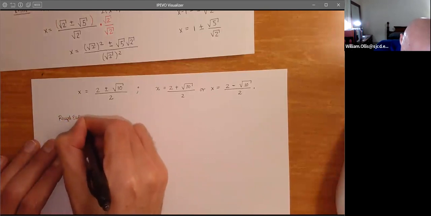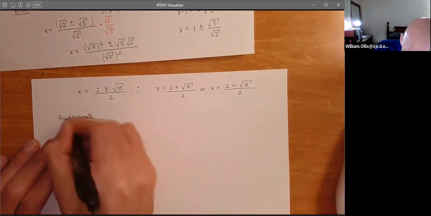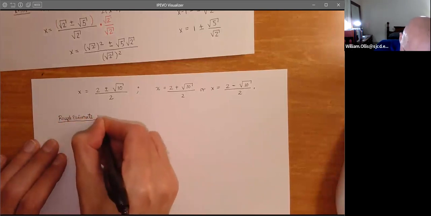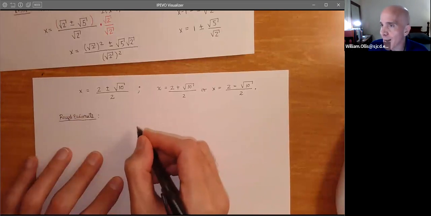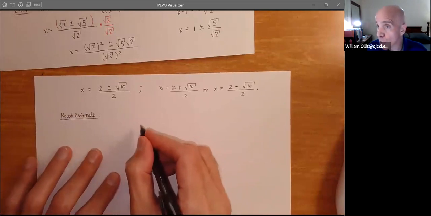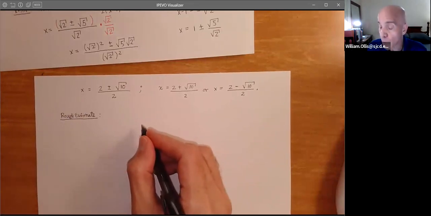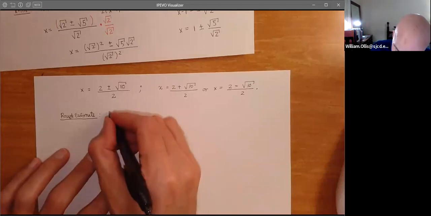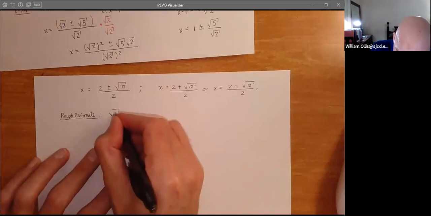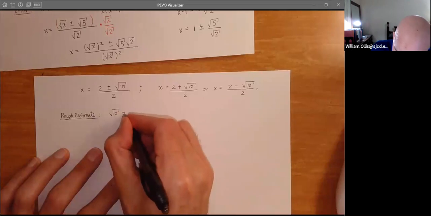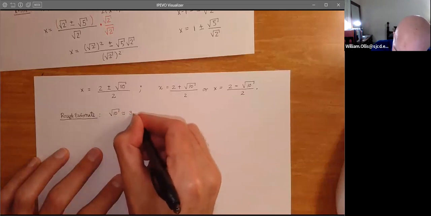Of course, if you're using your Google calculator, you can get a nice, infinitely great estimate. But just to keep it simple, we'll say that square root of 10 is approximately 3.2.